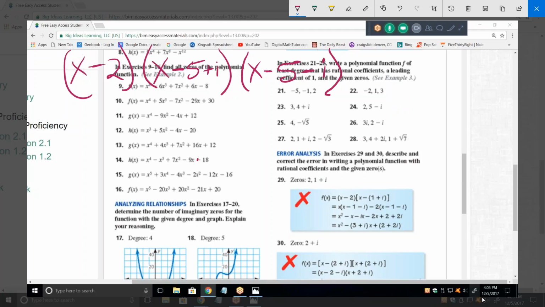So multiply the x minus 5 minus i times x minus 5 plus i.